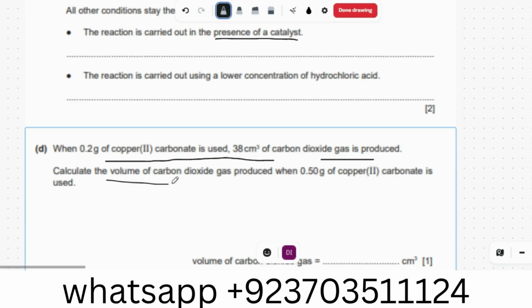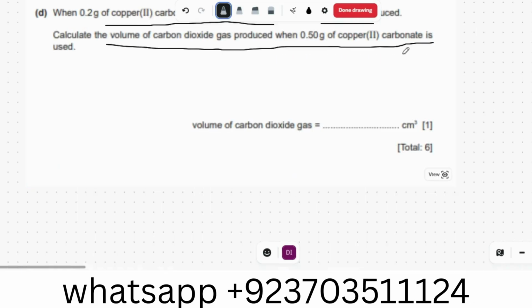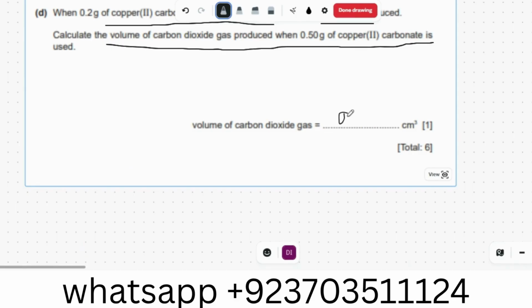Calculate the volume of the gas produced when 0.5 grams of copper carbonate is used. For 0.2 we get 38, for 0.5 we get 95.